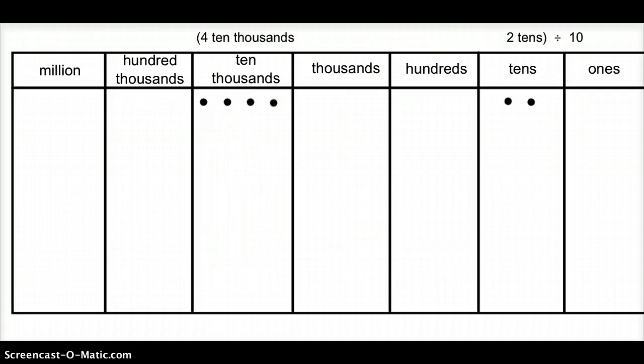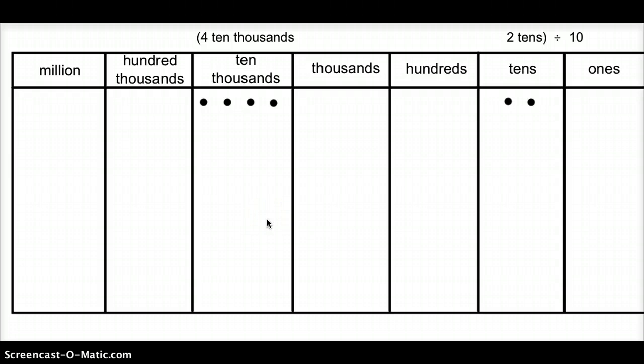The much more efficient way to look at it, just like we looked at the efficient way of multiplication, is to recognize that whenever we move lower in our place values by one place, we are dividing by 10. In this place value chart, I have 4 in my 10,000ths, and I have 2 in my tens.